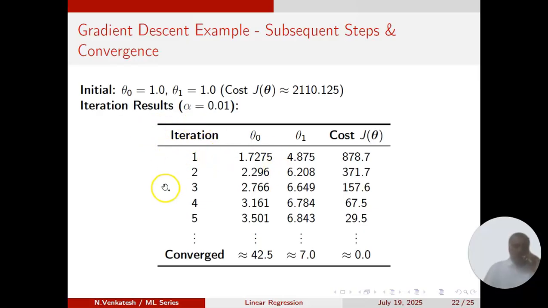In the second iteration we get 2.296 and 6 point something with similar steps, and after some number of steps it will converge to the solution that we got using the direct approach, that is theta naught as 42.5 and theta 1 as 7.0.